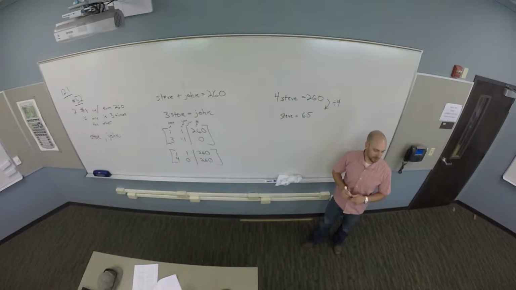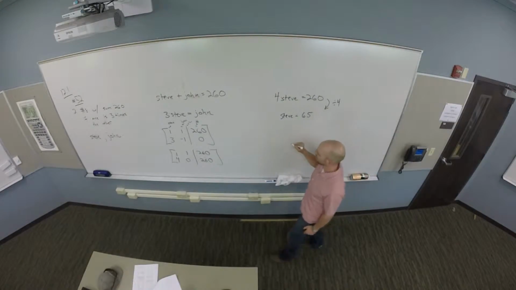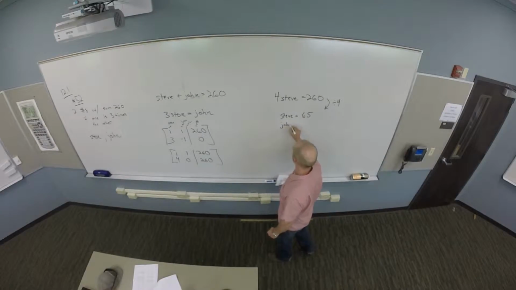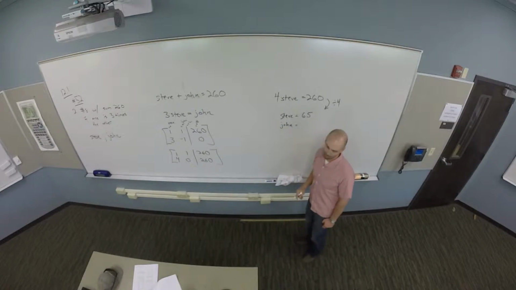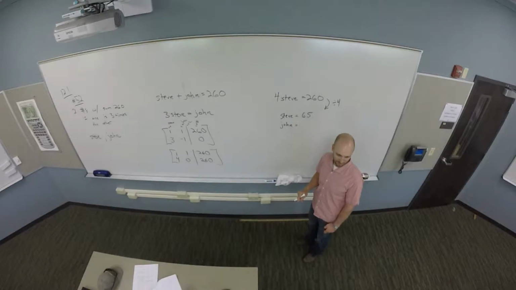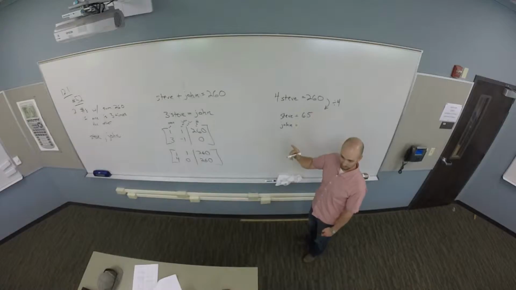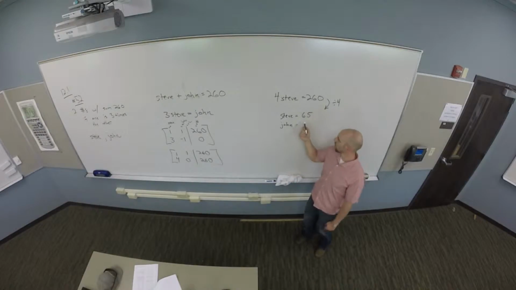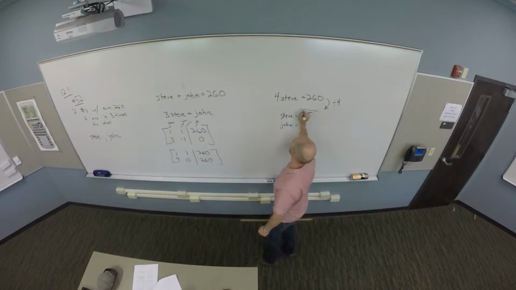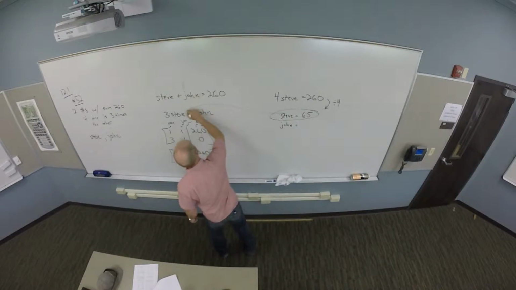Okay, so Steve is 65, so what does that mean John is? Are we finding that? John is 3 times 65, or it could be 260 minus 65. How do I know which one I should be doing? You should take this information and plug it in there.